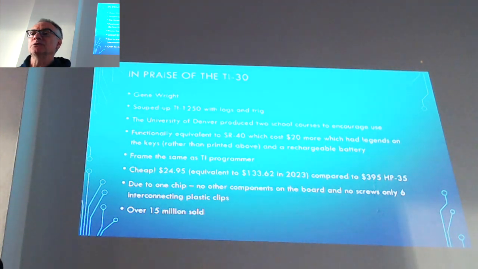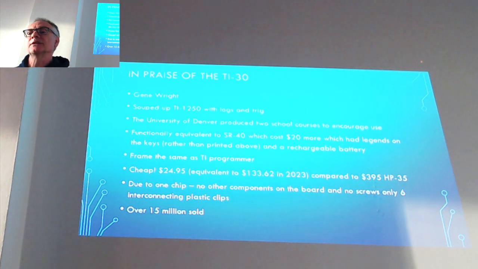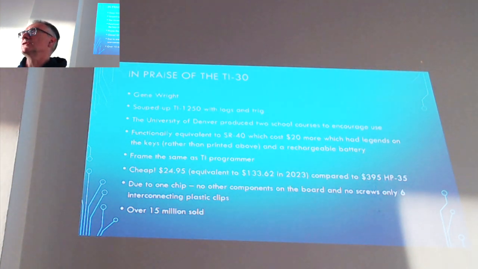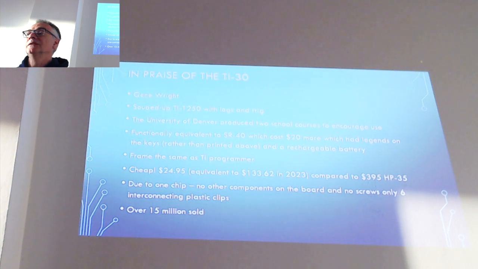The SR40 had a rechargeable battery. The frame size, the physical body, is the same size as the TI programmer and lots of other things, but it was dirt cheap due to the fact that they made it in one chip, no other components on the board, no screws, so 6 interconnecting plastic clips in its construction, so $25 compared to $395 for an equivalent HP 35.